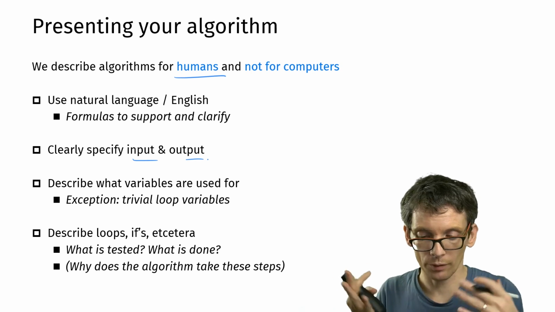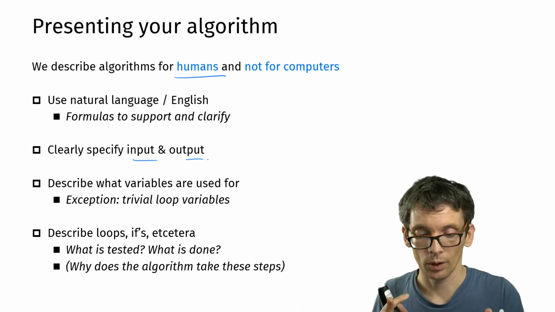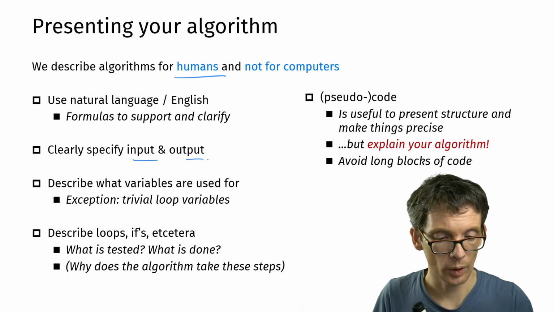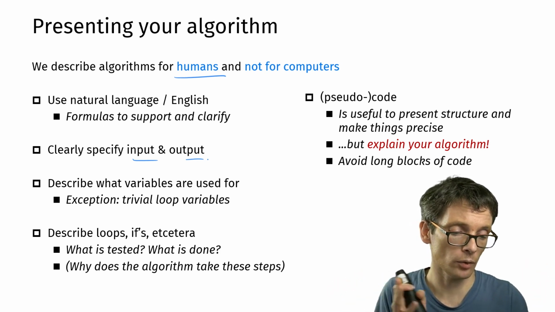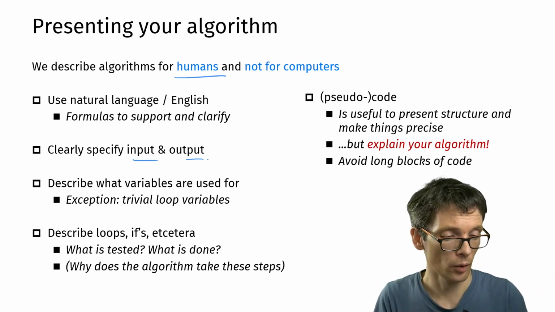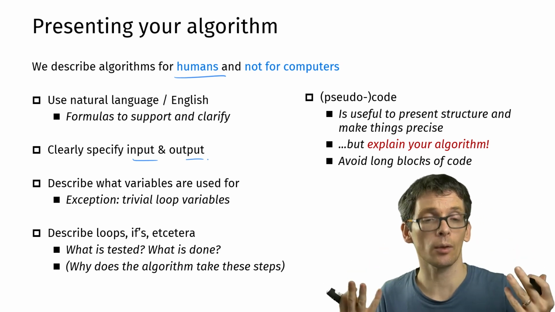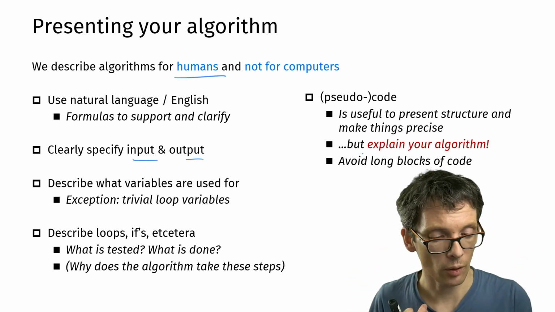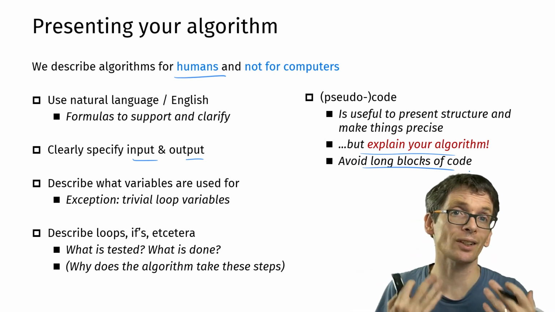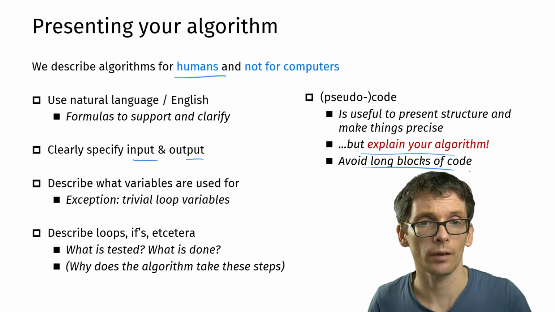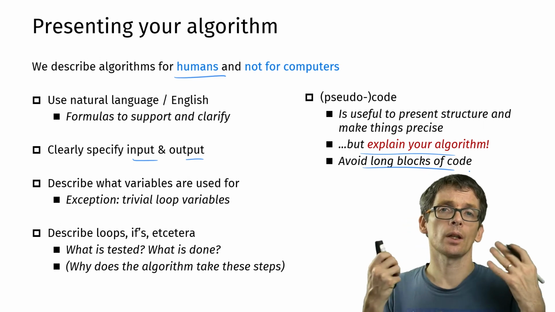It should be clear what the various variables are that you use. And you can use code, and I would actually recommend to also use Python code when possible, because it clarifies the algorithm for you, but also make sure that on a high level it's clear what your algorithm does, and that you typically do with some kind of high level description.